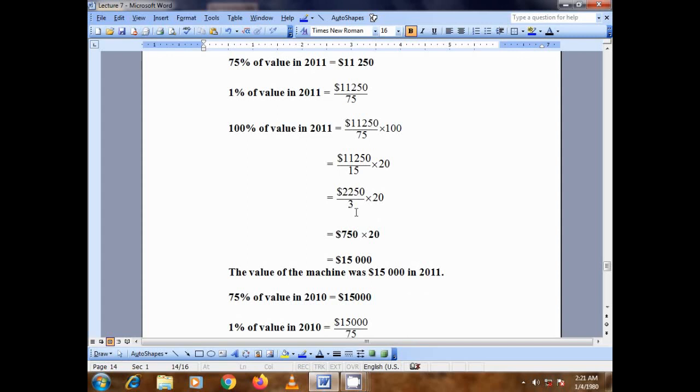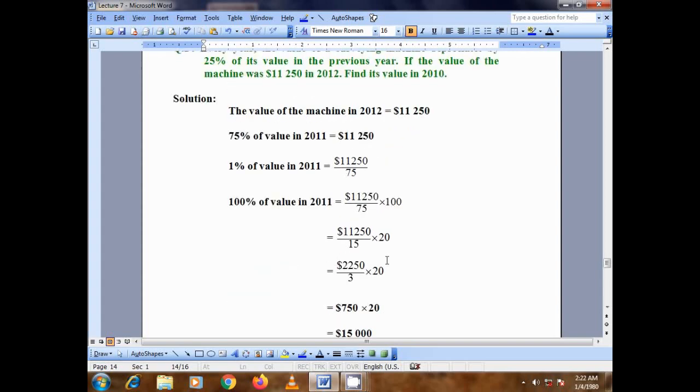Once again, 2,250 is divisible by 3. If you divide the numerator by the denominator 3, you will have the quotient 750 multiplied by 20 as it is. Now let's take the product of these two numbers: 750 multiplied by 20, their product will be 15,000, which is the value of the machine in 2011.